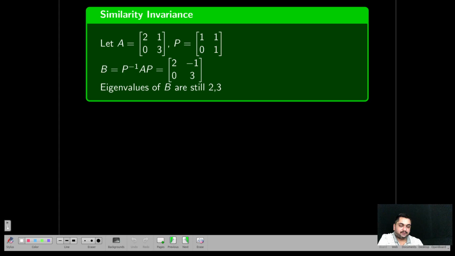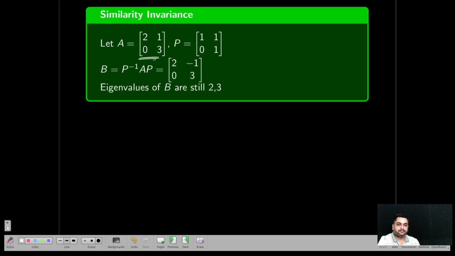Then there is similarity invariance. So similarity invariance means: how can I convert, for example, a dense matrix into a sparse matrix? That is the application I am talking about. So for example, say the matrix A is given. What is the equivalent matrix for this, so that it will reduce my computational complexity? This is a simple example. You may not appreciate this, but the concept is for a very big matrix.